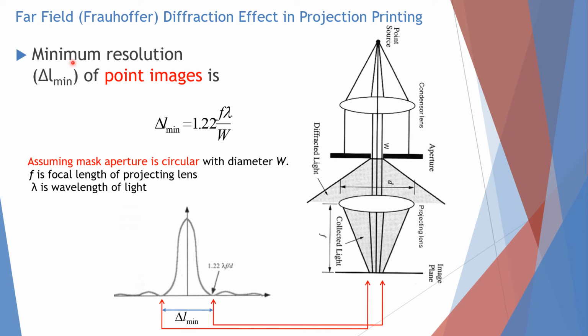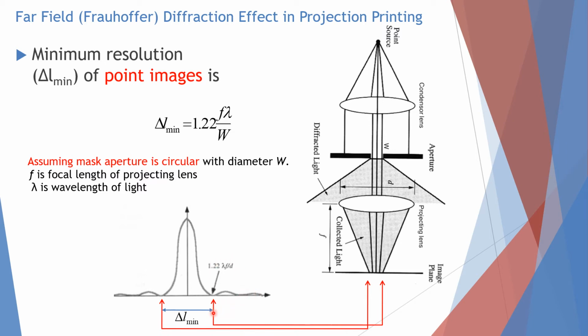In projection printing, there is one thing also that we have to pay attention to, which is the far field Fraunhofer diffraction effect. This one you have to calculate properly in order to get a good printing. If you look into this area where the light is focused, there is still some light that is reflected on this area.